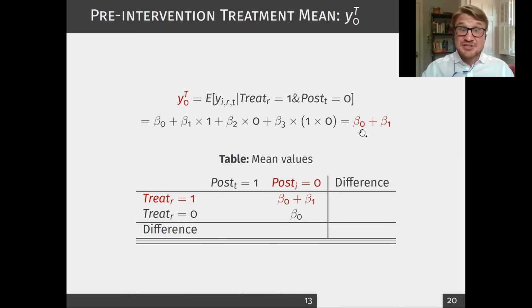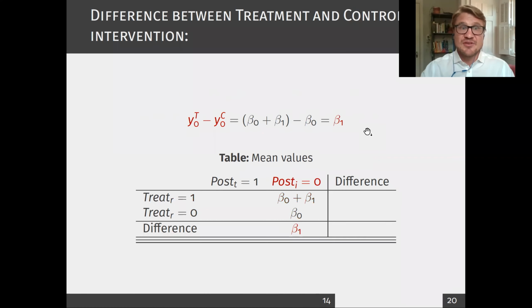So that average in the pre-intervention period in the treated group is beta 0 plus beta 1. So what does that mean? That means, of course, that beta 1 reflects the difference between the average in the treated group and the average in the control group in the pre-intervention period, right?